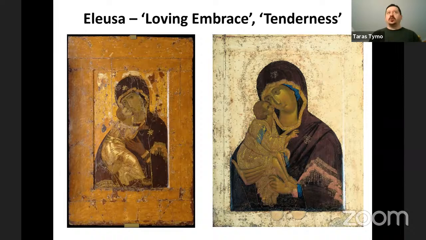The other iconography is the so-called eleusa, and eleusa comes from a Greek root that means mercy or love. Mercy, pity, love, like that. So it can be rendered freely as loving embrace, tenderness, and so on. And the layout of this icon, again, allowing to unmistakably identify this as eleusa, is that the baby is touching the cheek of his mother.